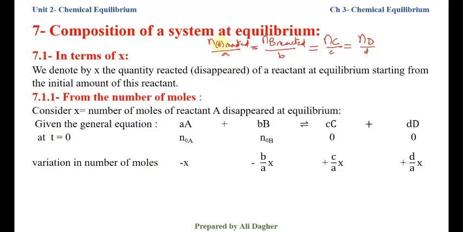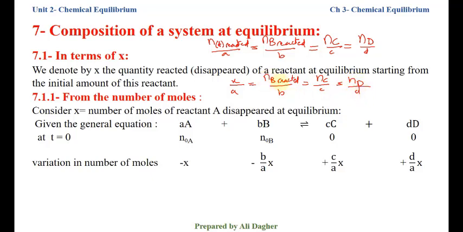Now, the number of moles of A reacted is X. Then the relation becomes X over a equals number of moles of B reacted over b equals number of moles of C over c equals number of moles of D formed over d.